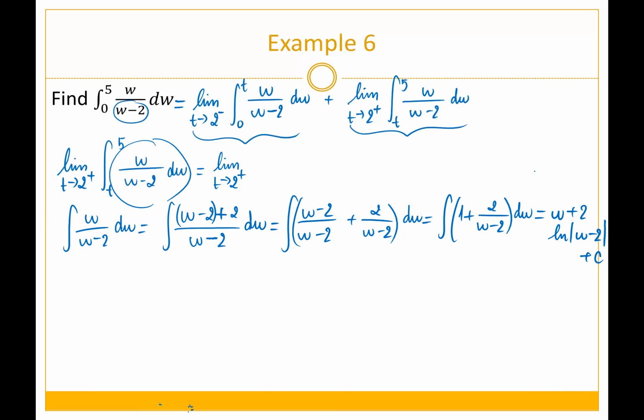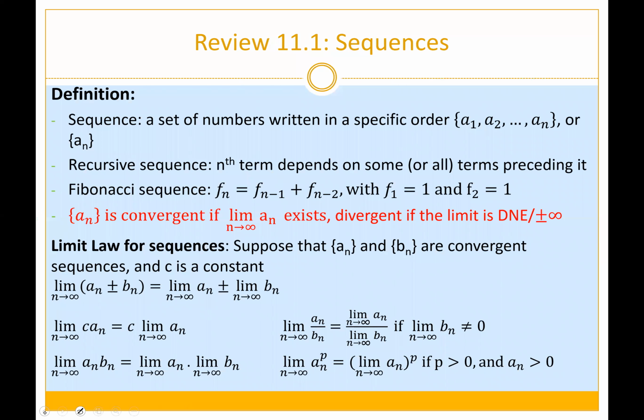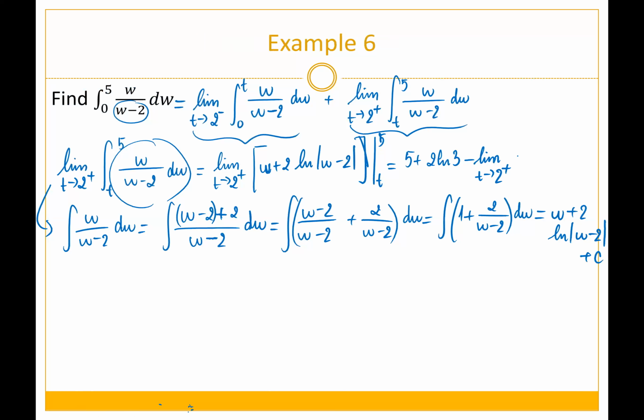So now you can plug it in here. We have w plus 2 ln of w minus 2 from 5 to t. When I plug in 5, I have 5 plus 2 ln of 3. Then we have minus the limit of t approaching 2 plus of w plus 2 ln of w minus 2, right?